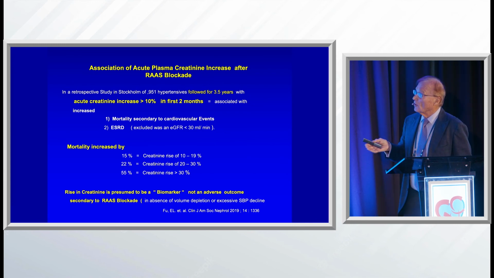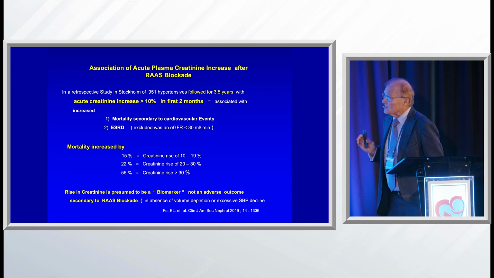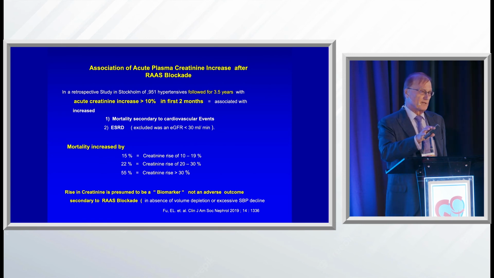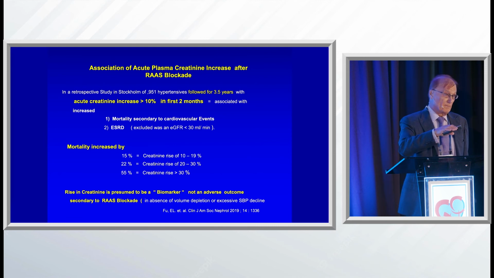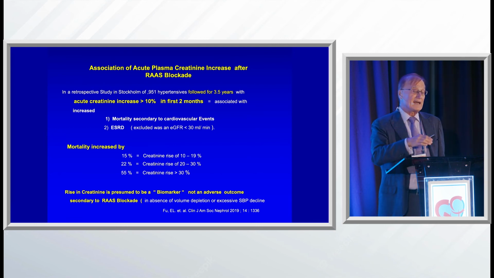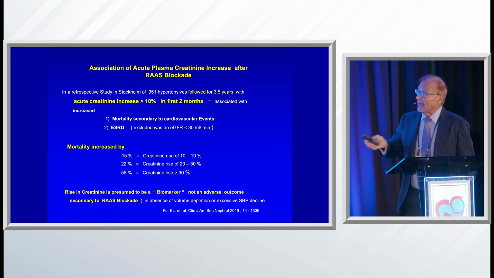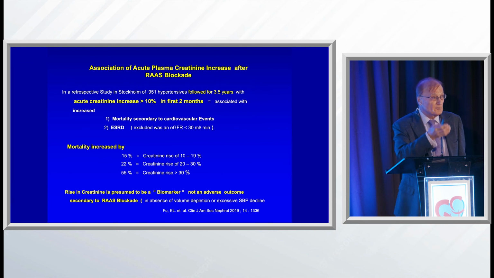Okay? So what is now fascinating is that if you're not dehydrated, when I give you an ACE inhibitor, and you're not lowering the blood pressure from 140 down to 105, so you don't have excessive blood pressure control, and you don't have a dehydrated patient.